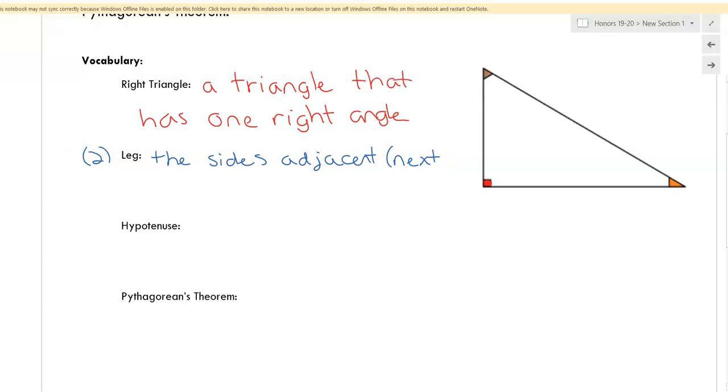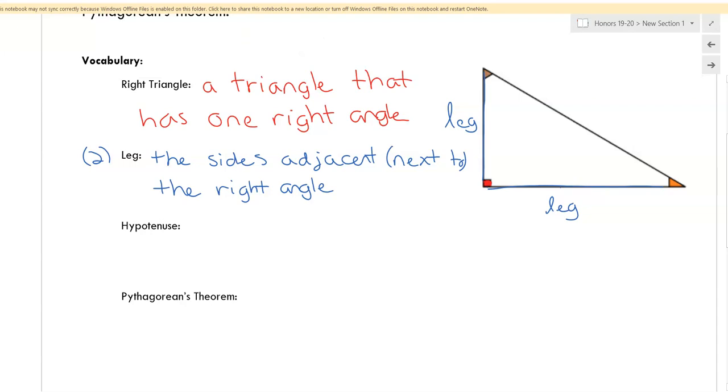So adjacent just means it's next to. Okay, so this is a leg, right? It touches the right angle. And this is a leg. Again, it touches that right angle.